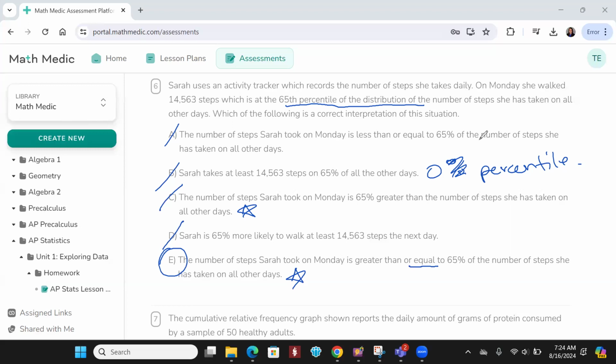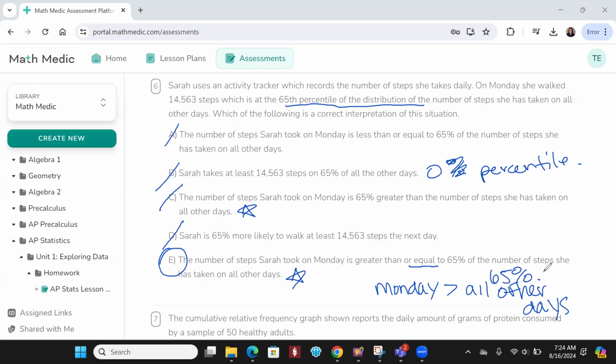Monday is greater than every other day. Well, 65% of every other day. Greater than 65% of the days. Yeah.